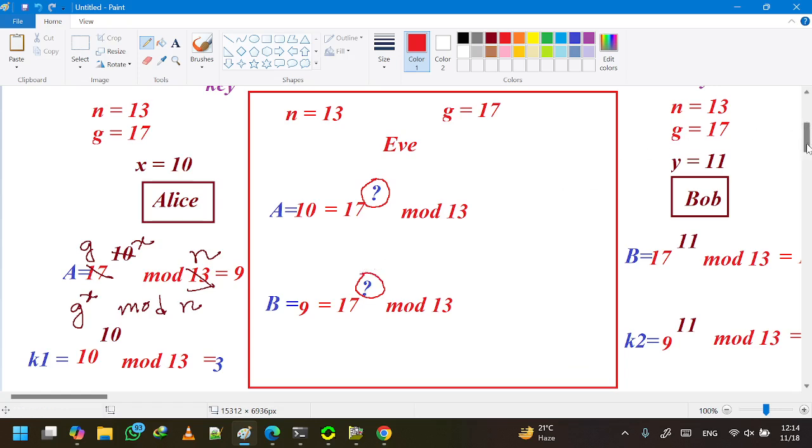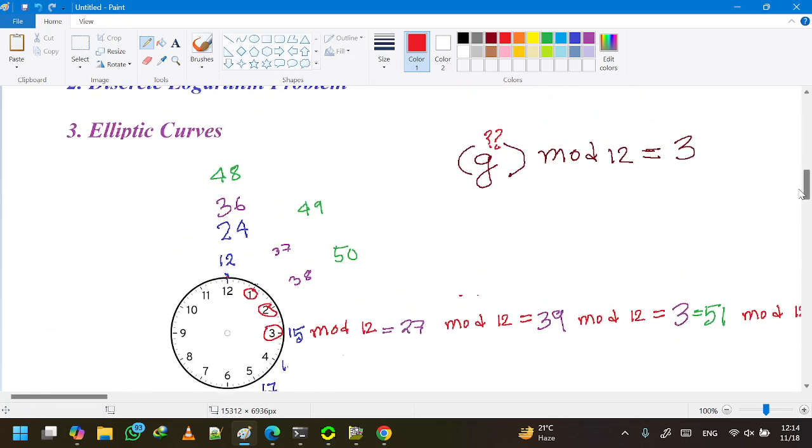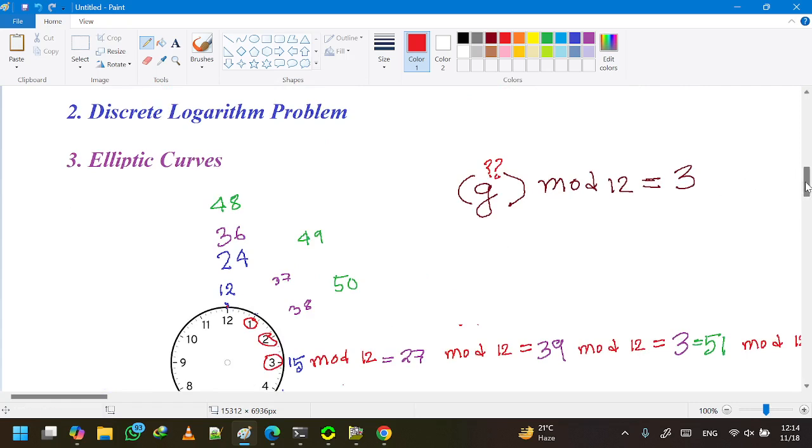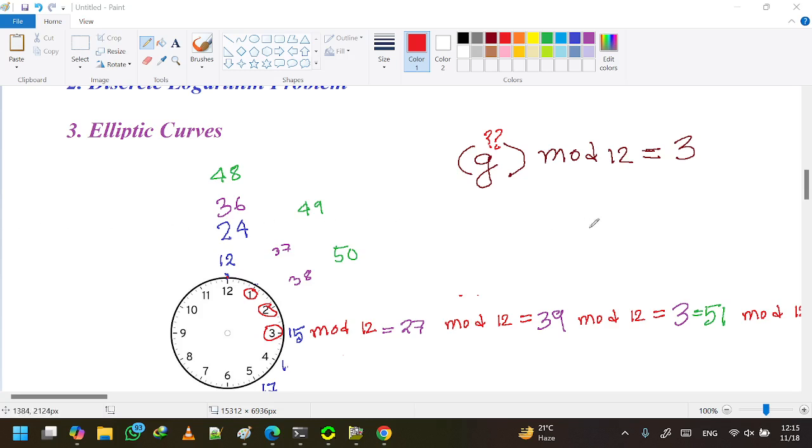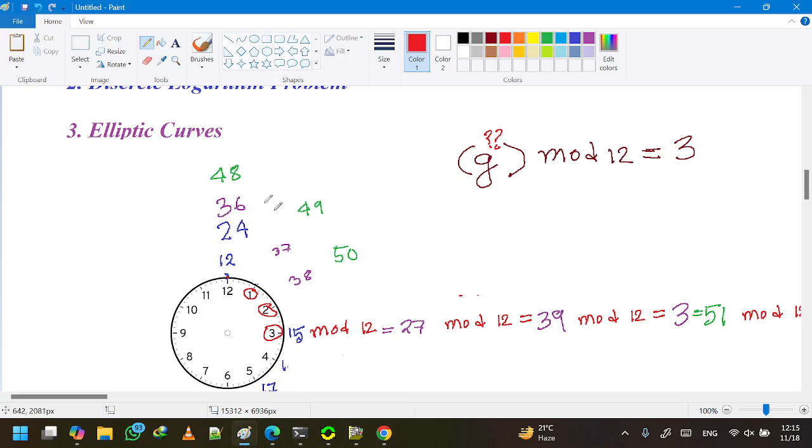So 17 to the power what? There could be multiple solutions. So even if we know that the value is 3, the possible values are 15. So we can take all possible values from here.